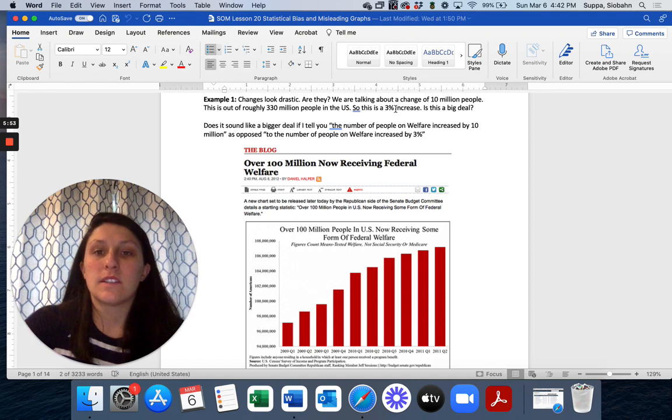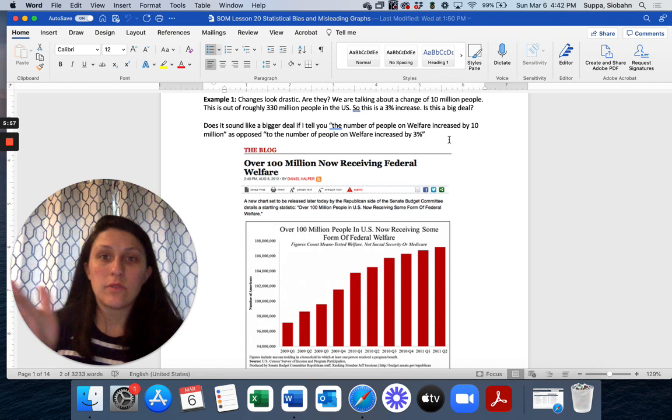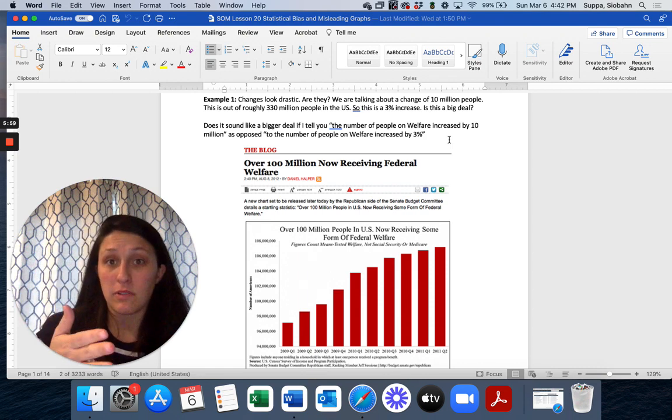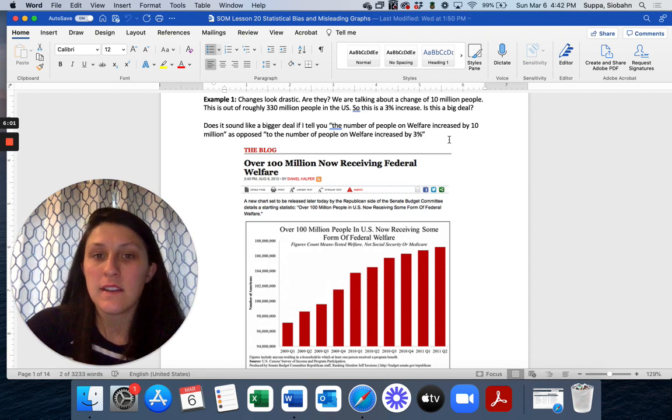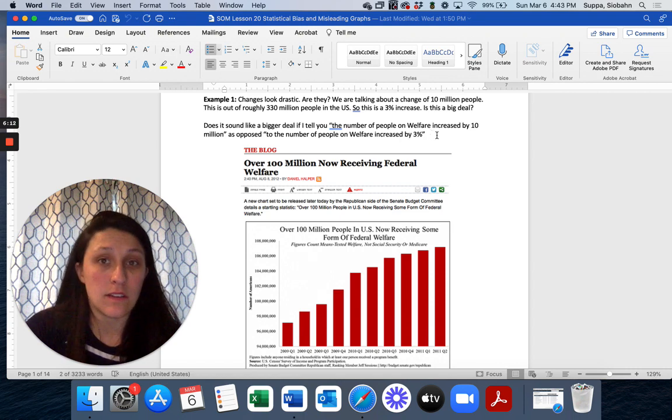So those are the same facts, by the way, but does one sway you to think that this is a bigger problem than me saying it another way? If I said the number of people on welfare increased by 10 million, as opposed to saying it increased by 3%, does one make it sound more drastic than the other when they're really both the same fact?